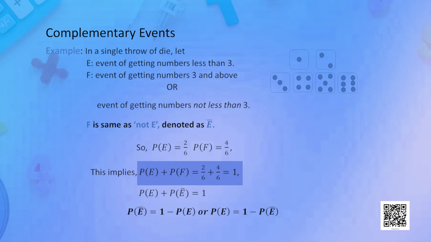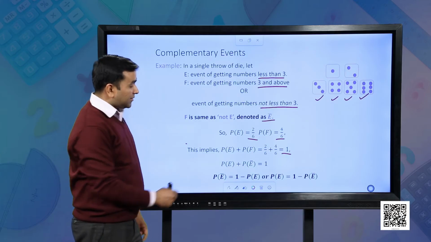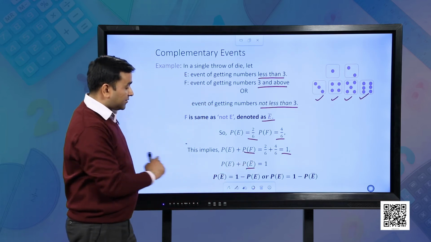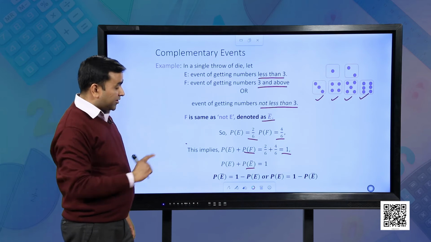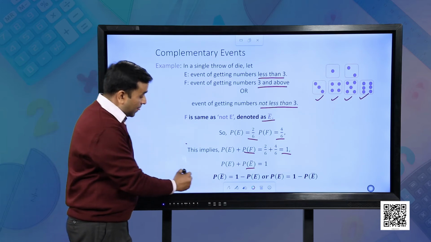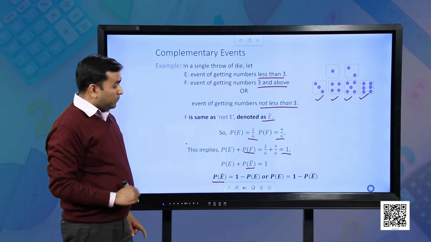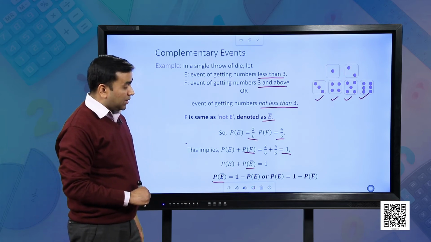This implies probability of E plus probability of F is 2 upon 6 plus 4 upon 6, equal to 1. We replace F with E bar and get the same result. We interchange the positions and get P(E bar) equal to 1 minus P(E), or P(E) equal to 1 minus P(E bar).